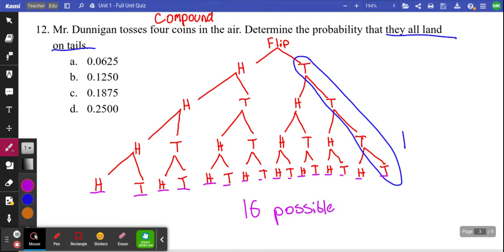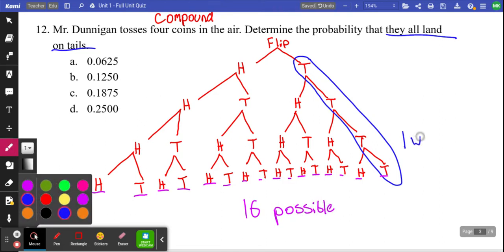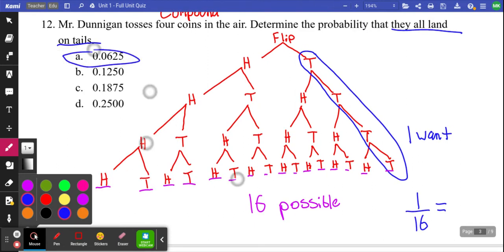So there's one thing that I want divided by 16 things that are possible. You put that into your calculator, and I believe you get 0.0625, but I'm going to double check. Yeah, you do, 0.0625. The answer is A.